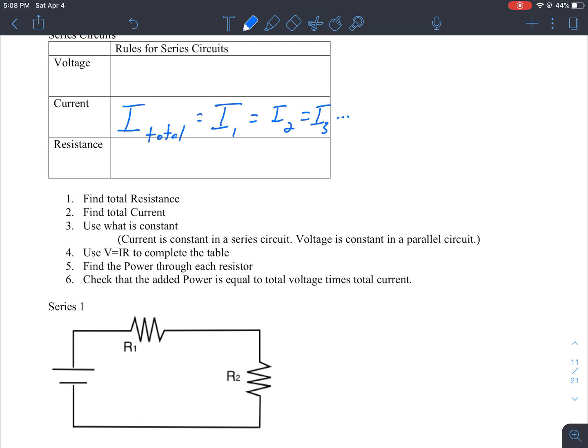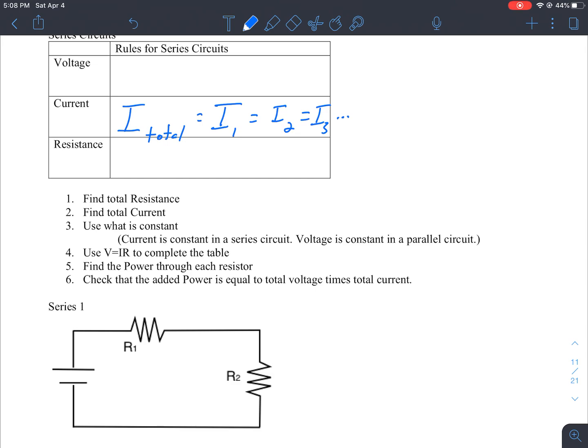So the rules for a series circuit: the current is the same at every resistor. Now we have to talk about resistance. Whether it's water flowing or traffic or people walking down a hallway, the more friction or more things that we put in there to resist them, the more it's going to increase. So the resistances are going to add.